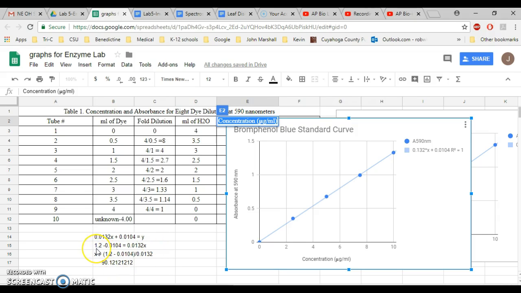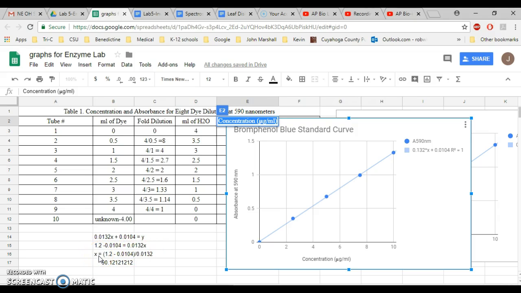Okay, then we can take and manipulate our equation to solve for x. So when I'm solving for x, I'm going to add in my value for y. So my value for y is 1.2, and I'm going to subtract my y-intercept from it first. Remember, always do order of operations. And then I'm going to divide.